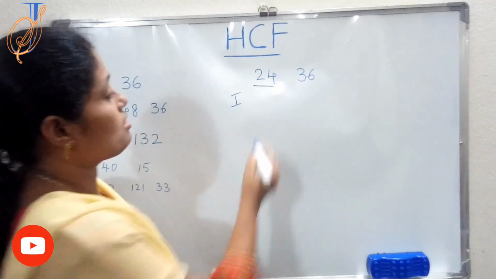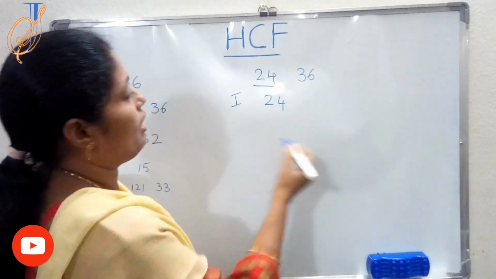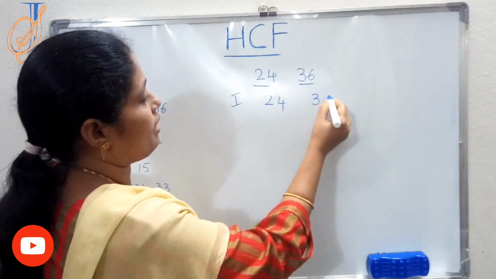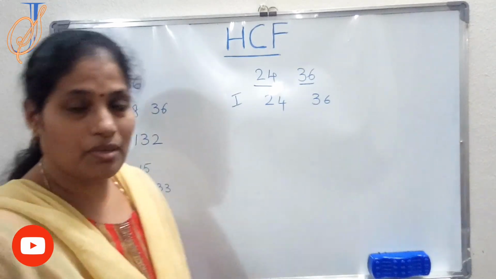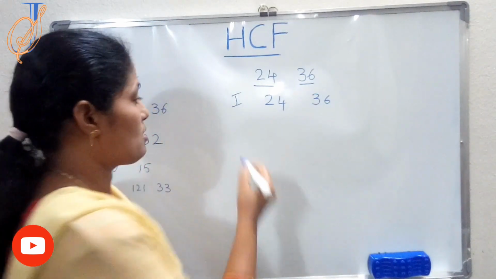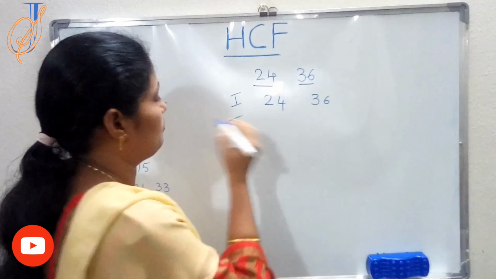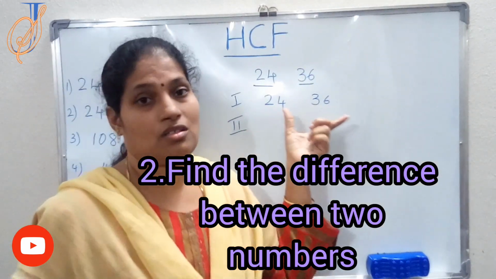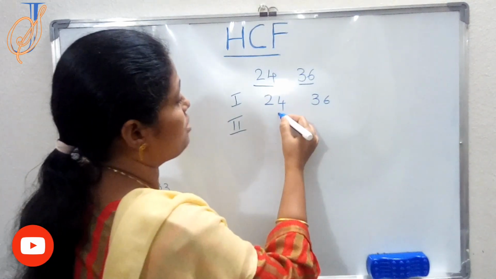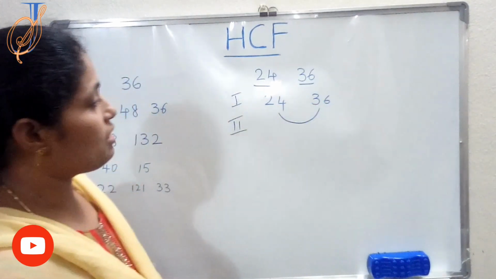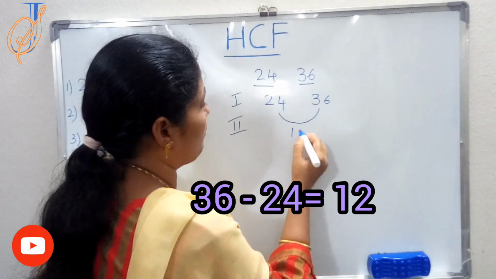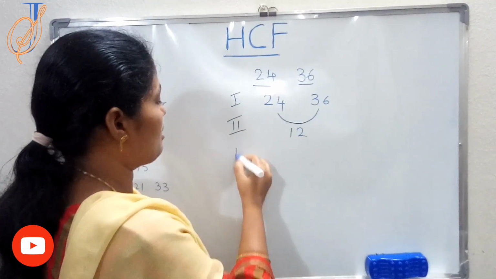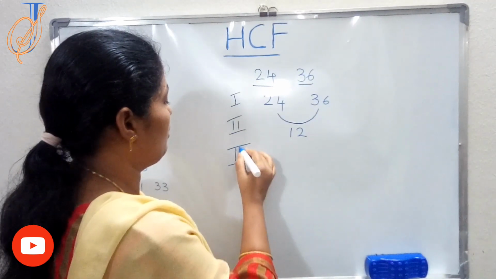Here comes first 24 and this comes second. So our first step is done. So let's go to the second step. Find the difference between these two numbers. So what is the difference? 12.